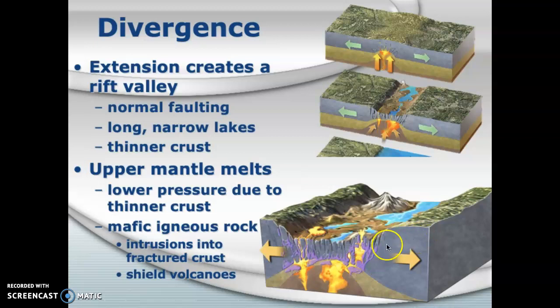It intrudes into the fractures that we've made in the crust and makes its way to the surface and gives us volcanoes. Now, because we have done a large-scale melting of the upper mantle, the composition of the mantle is ultramafic, and by the time this molten rock makes its way to the surface, the composition has changed a little bit and it is mafic material.